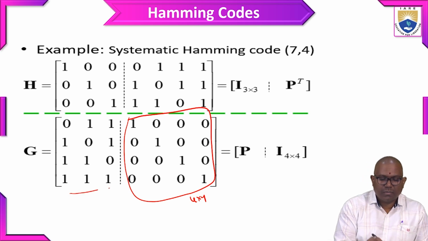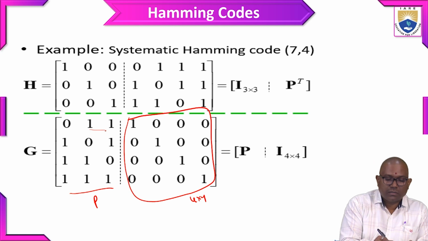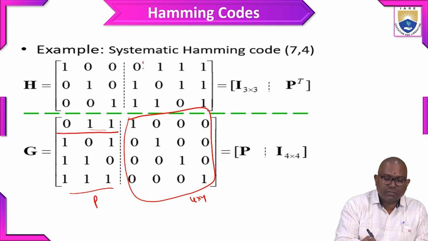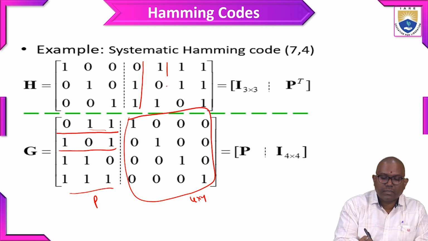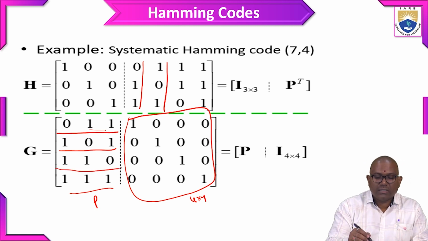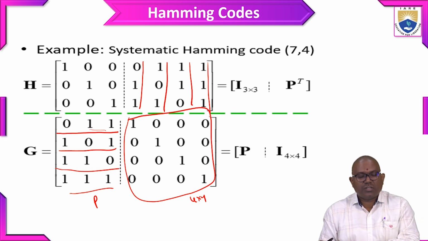And this is my coefficient matrix P. So here what I am saying, H equal to I P transpose. So you can see the first row is 0, 1, 1. So it is transposed as a column. And the second row is 1, 0, 1. This is transposed as a column. And the third one is similarly 1, 1, 0. So this is made as a column. And the last row, the fourth row, is the fourth column. So this is P transpose.